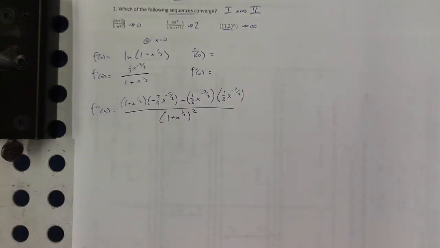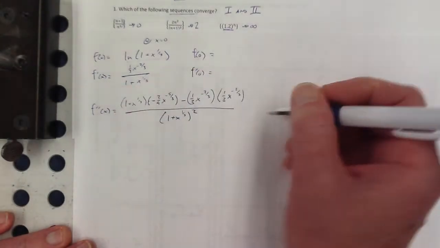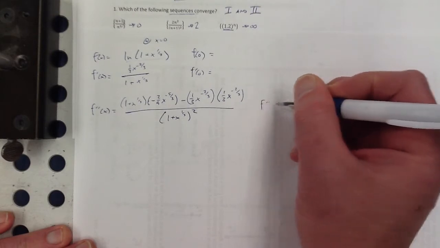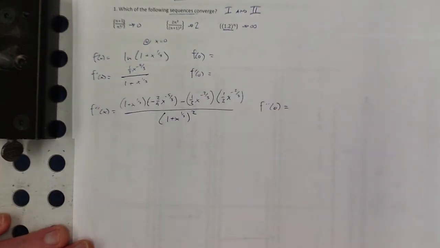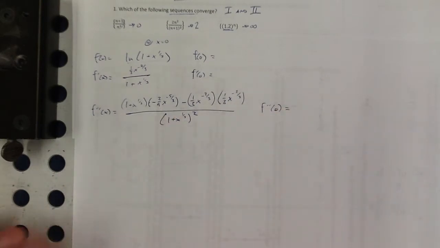And at this point, sorry I asked you to do 4 terms. I don't think I'm going to do that, because that would just be horrendous. But it shouldn't be too bad when we just have to plug 0 into this.